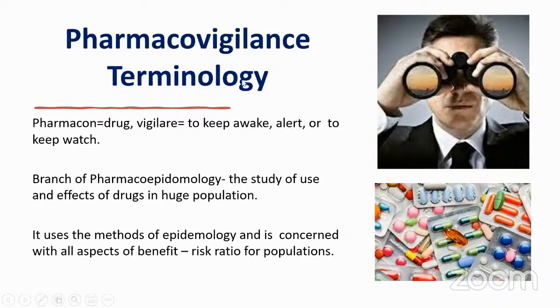Pharmacovigilance is not a new subject. It is a branch of pharmacoepidemiology. Epidemiology is the study of use and effects of drugs in a huge population. Pharmacovigilance is not a recent science, it has been there from the initial days.